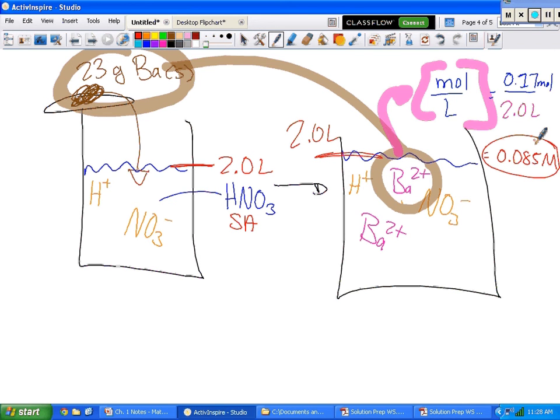Remember how I asked you how do you create that solution? You mass out blah, blah, blah grams of blah, blah, blah. I massed out 23 grams of barium. I dumped it in the acid, and that was the concentration of the solution after it dissolved all those pieces of barium. You with me? Sure. Okay. Now this is, yes, sir.